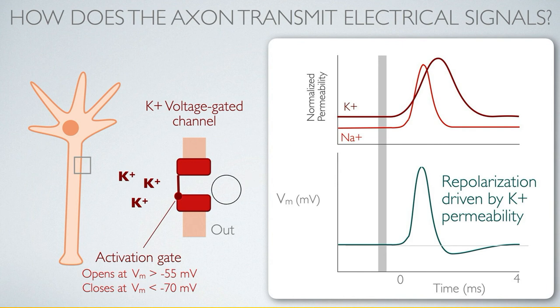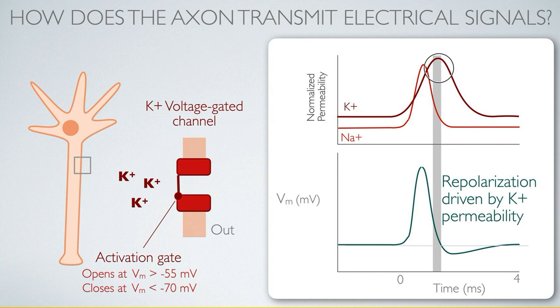We have the activation gate closed. Same would be true for sodium. But as we move through time, we're now in a situation where the potassium permeability is quite high. So that means this activation gate is open, and that indeed is what happens. Then the potassium moves down its chemical concentration gradient, and that's why we get the repolarization.